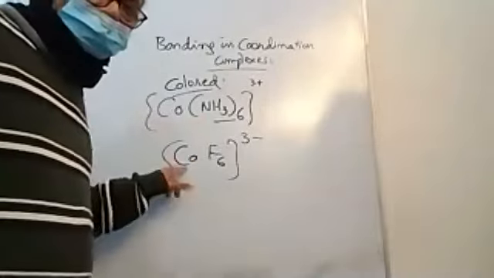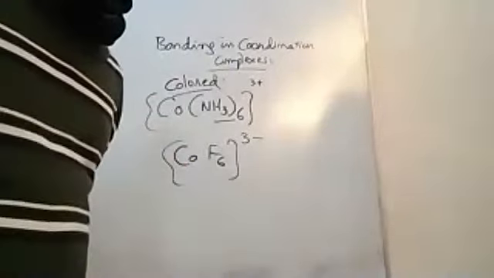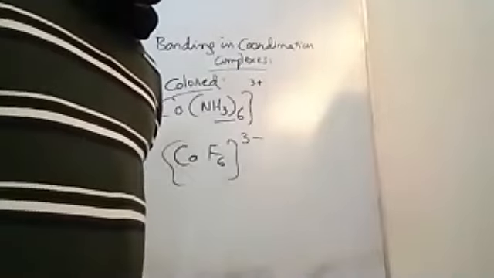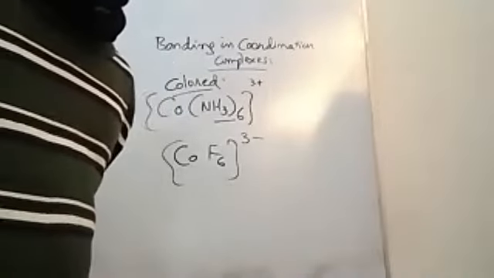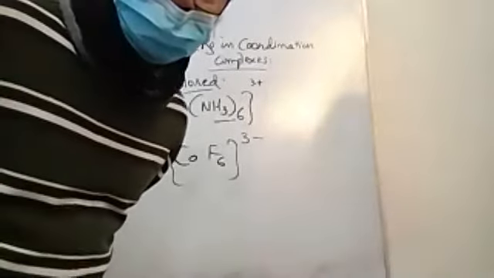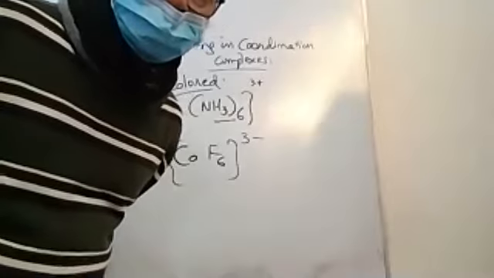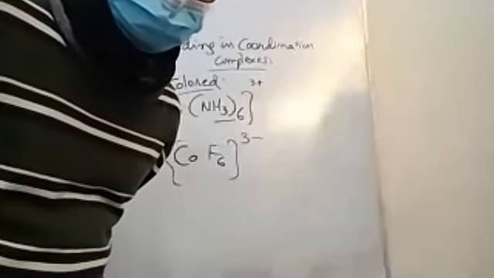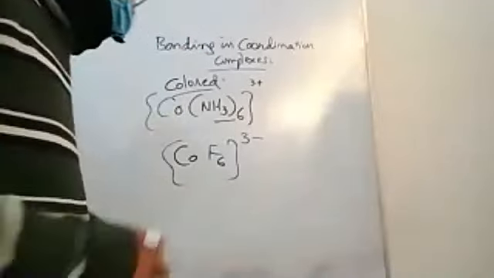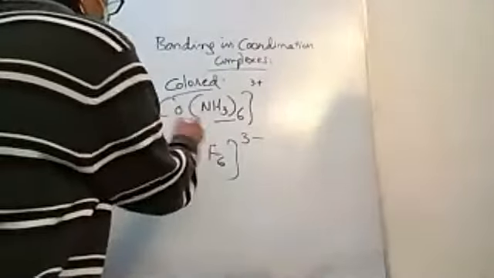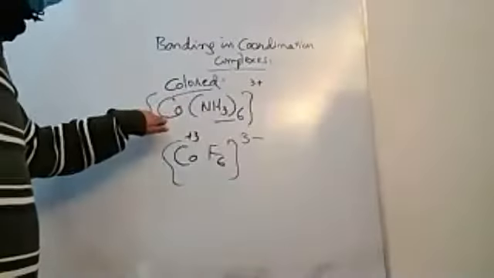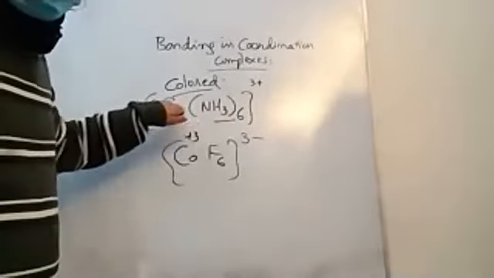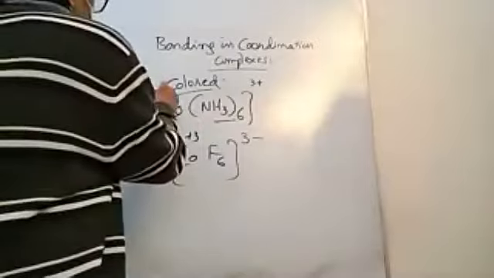What is the oxidation state of cobalt in the hexafluorocobalt complex? What's the charge? Plus 3, you are absolutely correct. So what's the charge on cobalt in the hexamine cobalt complex? That's also plus 3.